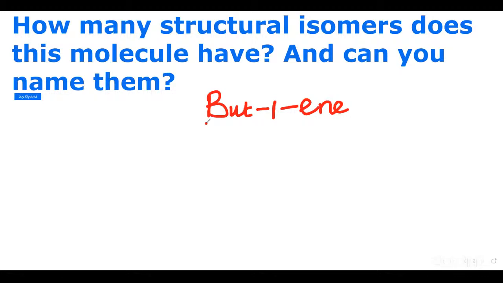This time I'm going to try to use a line or skeletal structure. So BUT here means 4 carbons, and I'm going to start with a dot. If this is my carbon 1, then this is carbon 2. The dot helps me keep track, it's just for you to know where the carbons are.